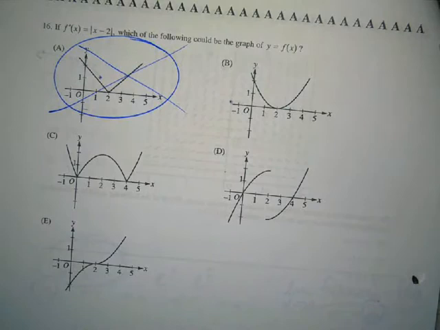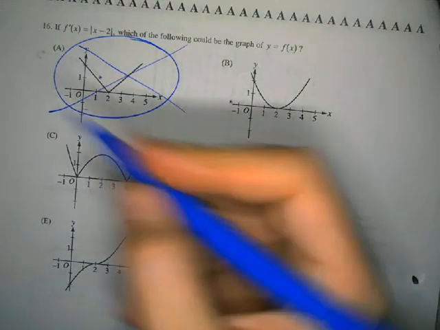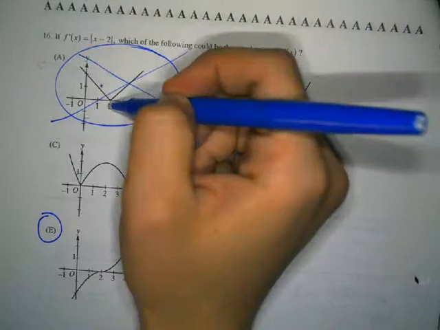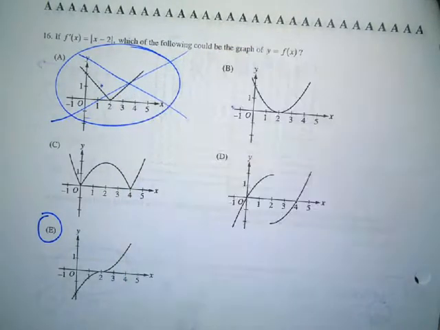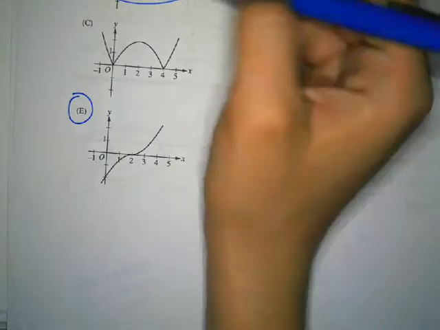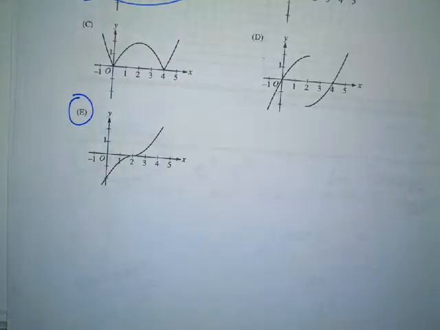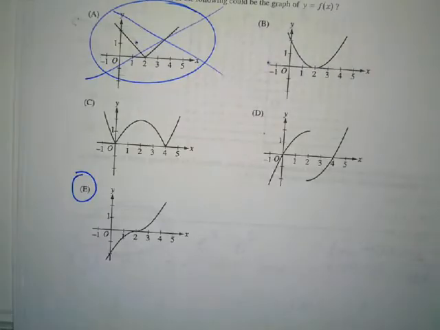So it has to be E. We have to look at this in the derivative graph as a minimum. Wait, but that's the point of inflection at 2. Can we just integrate the absolute value of x minus 2? No.